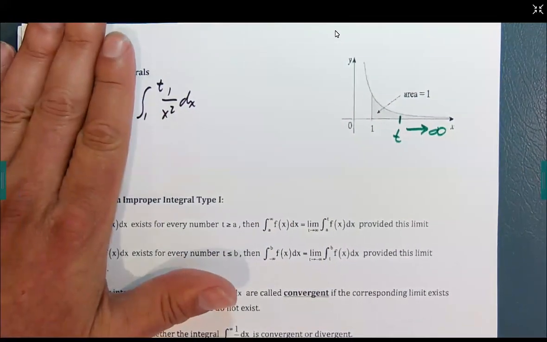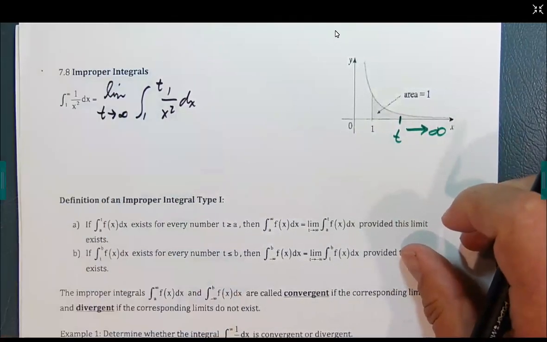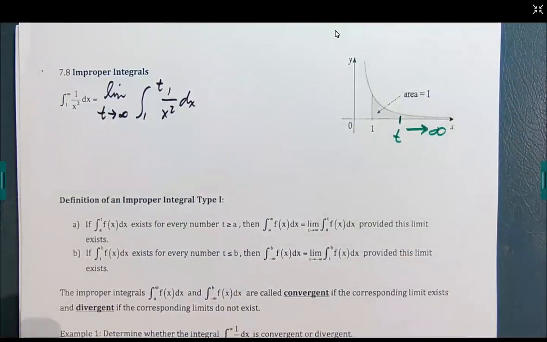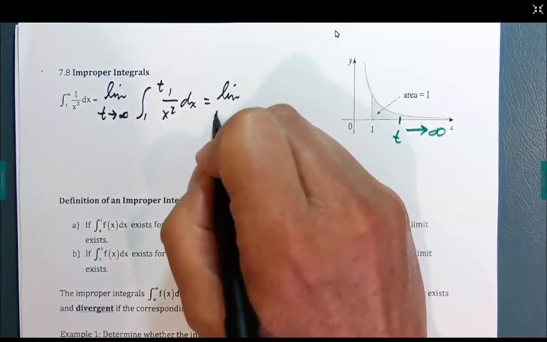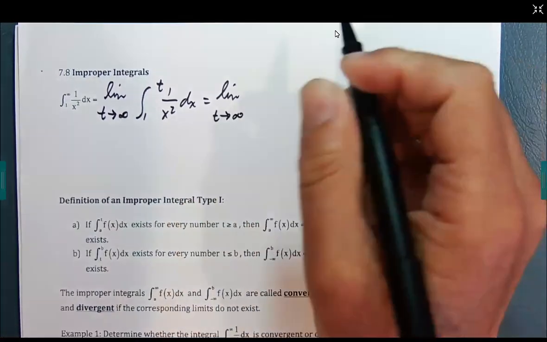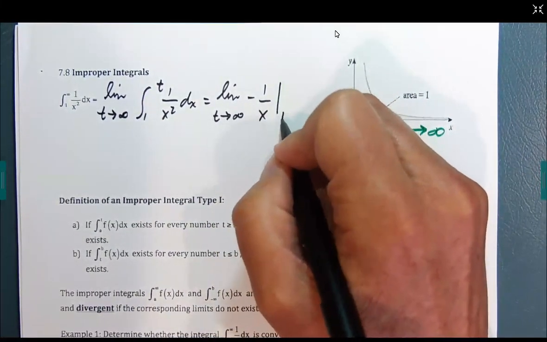Now we have a proper integral. It's going from a to b, 1 to t in this case, where t is a specific number. And it's continuous from 1 to t. And as we integrate this, we end up with negative 1 over x from 1 to t.